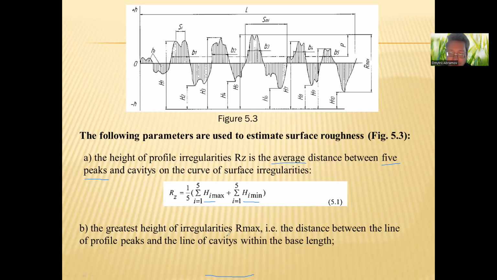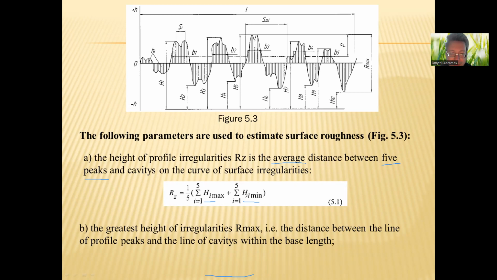It's the average distance between 5 peaks, from i equal 1 to 5 peaks, and 5 cavities, from i equal 1 to 5.